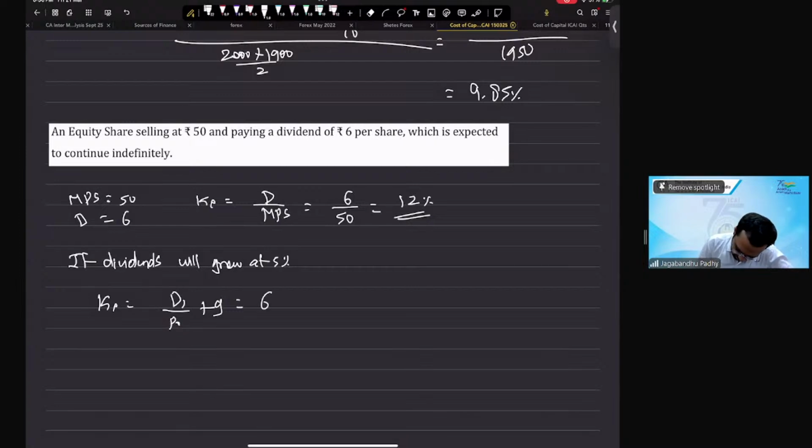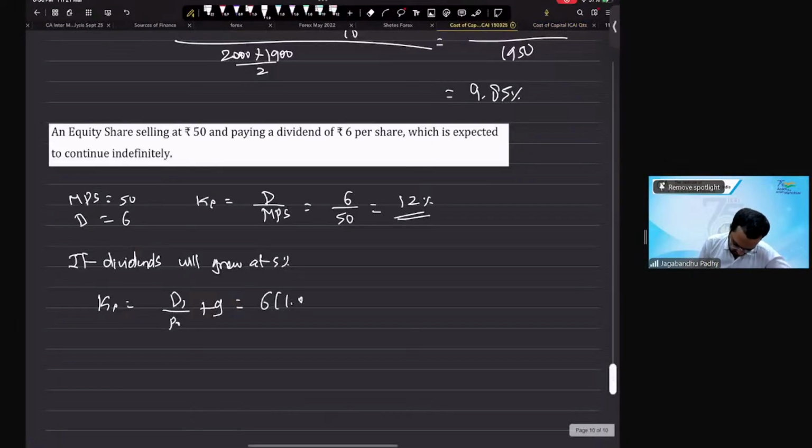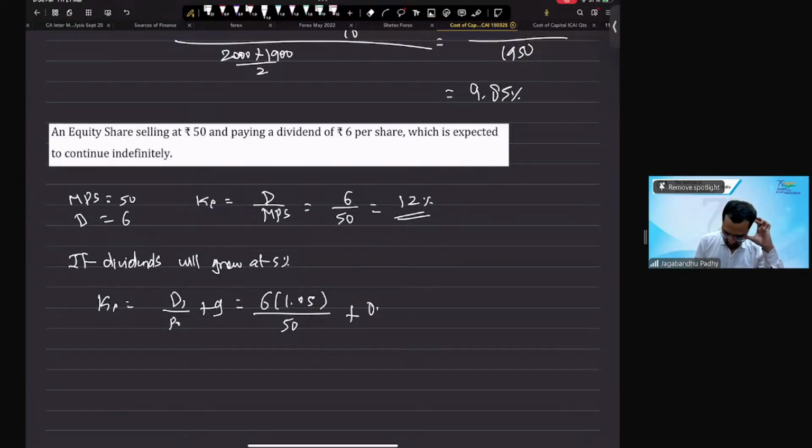So the next year dividend will be 6 into 1.05 upon current market price is 50 plus 0.05. That's 6 into 1.05, 6.3 divided by 50. 0.126 plus 0.05, which is 17.6%.